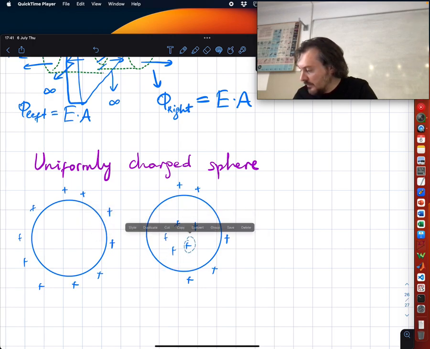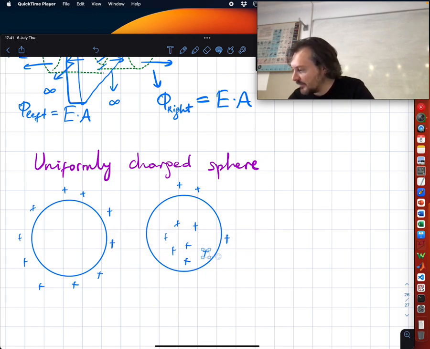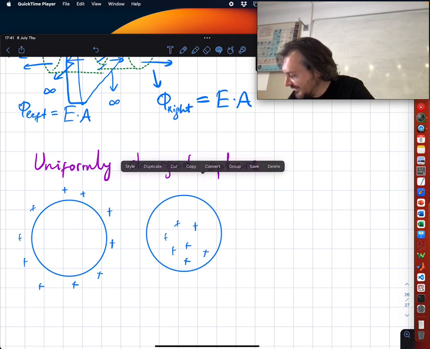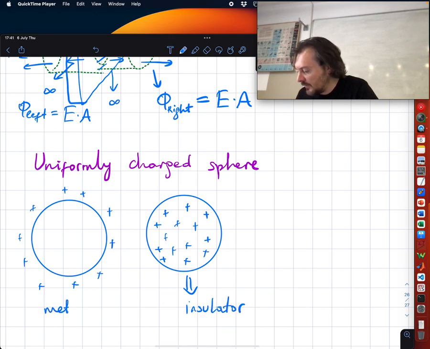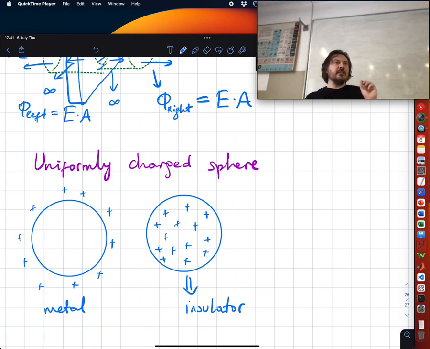So for this to happen, you have to have an insulator. And this one happens when you have a metal. So please read the questions very, very carefully.